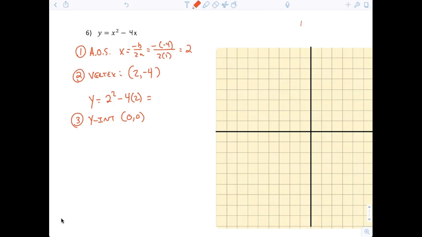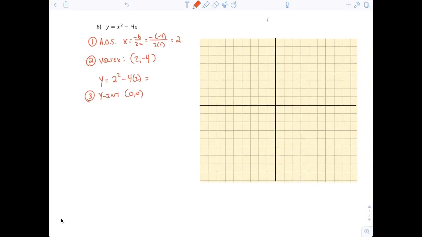All right, so now let's graph. Let's see what we have. Axis of symmetry. X equals 2. Here we go. All right, everybody see that? Now your vertex is what? 2, negative 4. So I got 2, negative 4 right there.